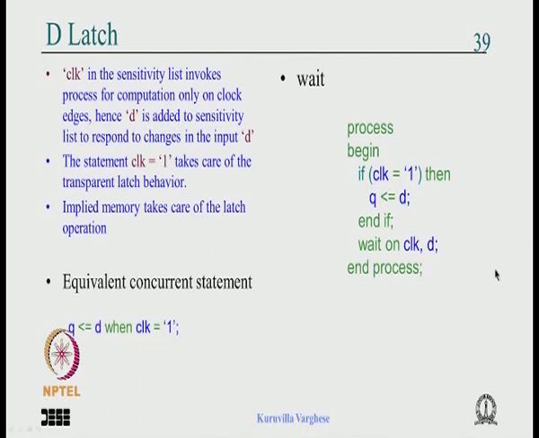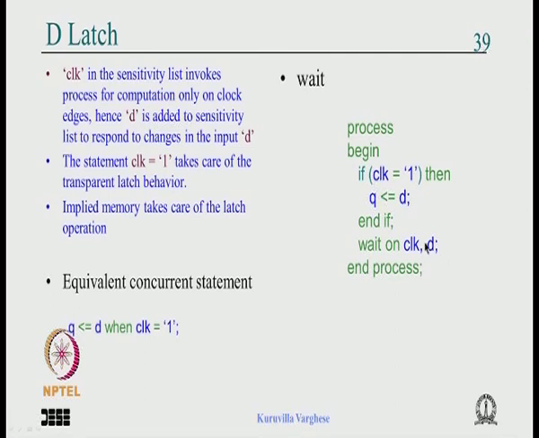Please look at the code and try to make sense of it. In this code you have no sensitivity list, you say process without any qualification, and here you write the code and you say wait on clock and D.